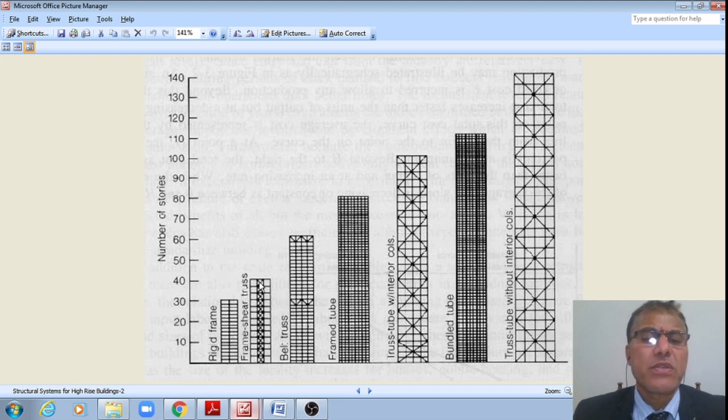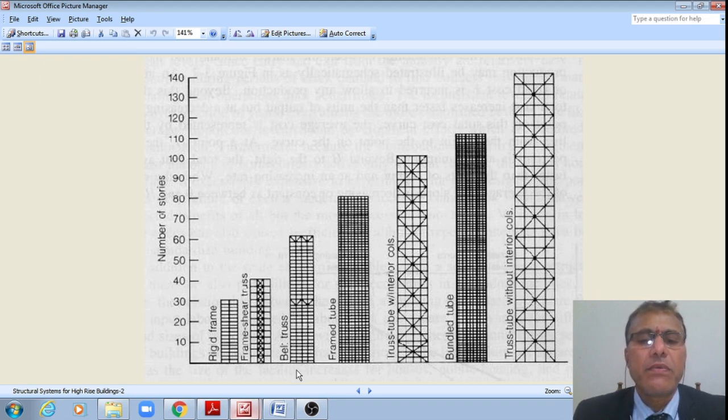Whereas the second structural system is a frame cum shear wall truss system. Here we do have the shear walls in the central core, as well as the truss system, therefore this is almost called a dual system. This can be had up to a 40-story building.